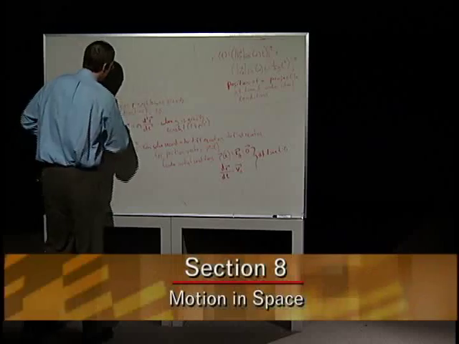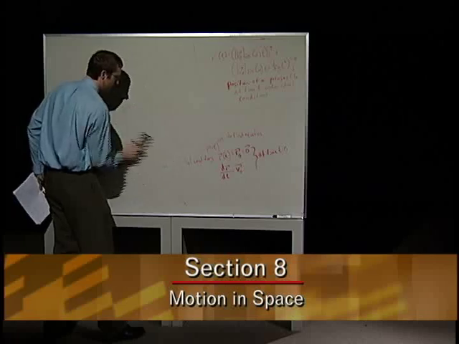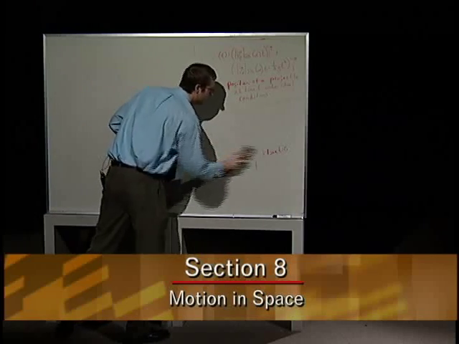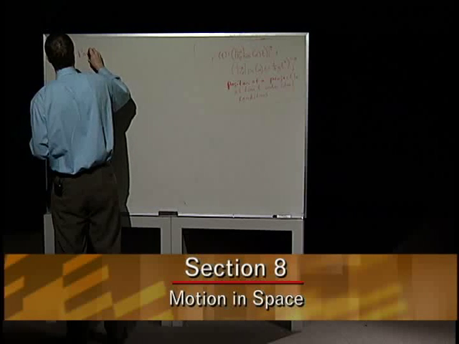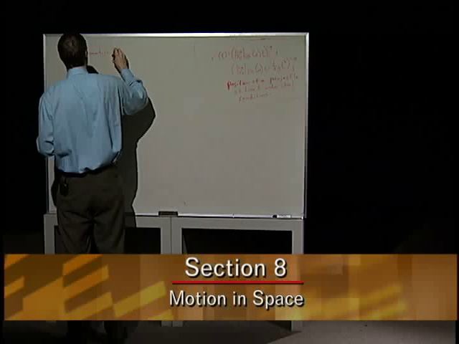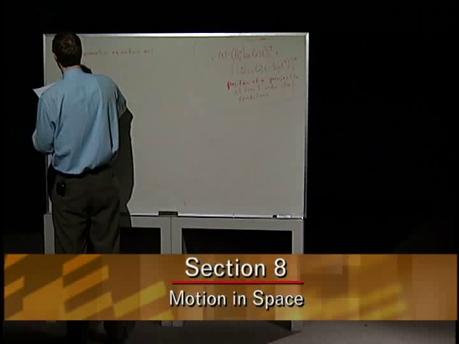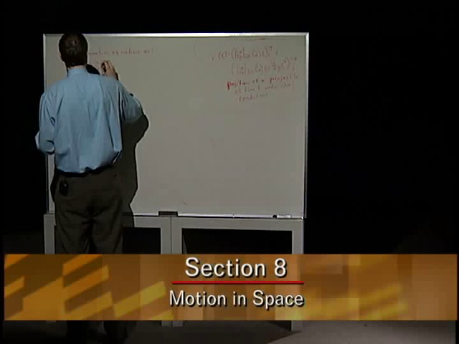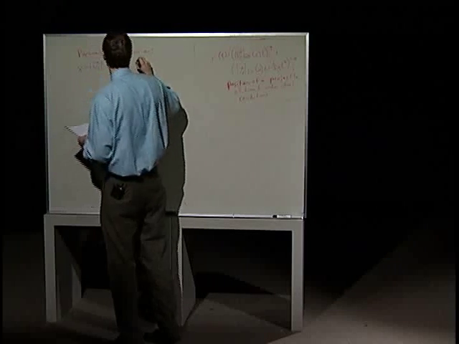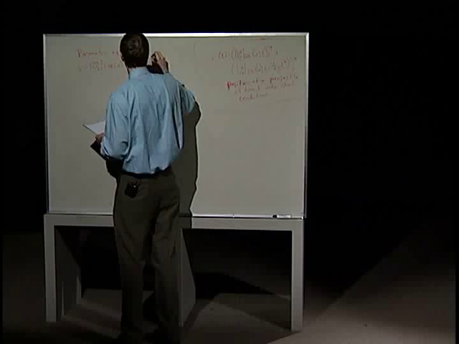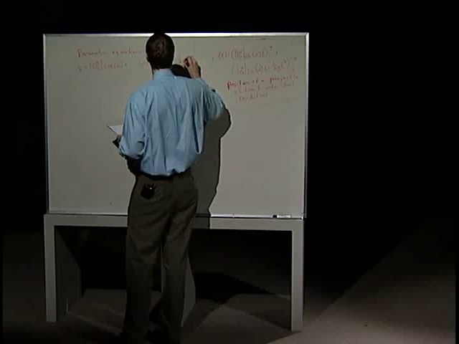Well, immediately from that, we get two equations that are parametric from the x and y component. So the parametric equations are x equals length of V naught cosine alpha t, and y is equal to length of V naught sine alpha t minus 1/2 g t squared.